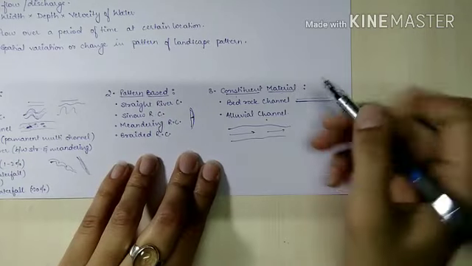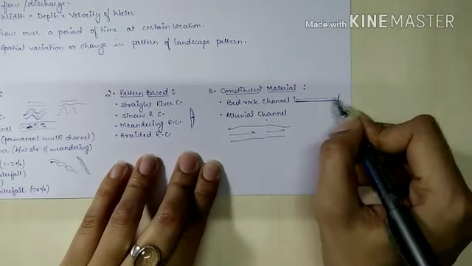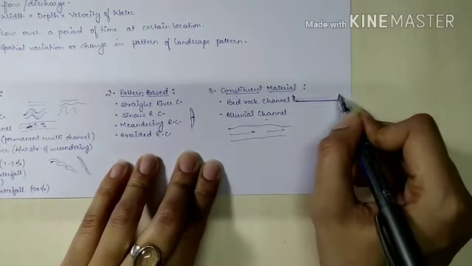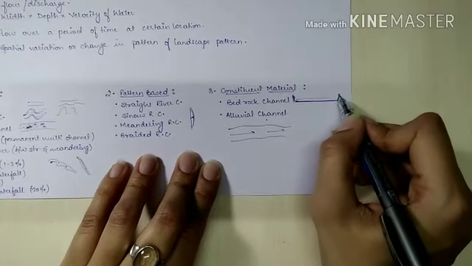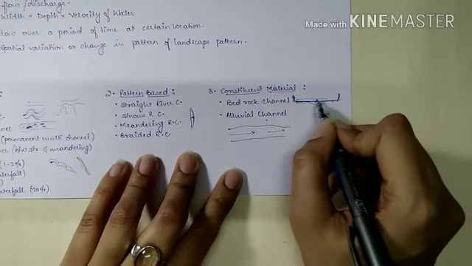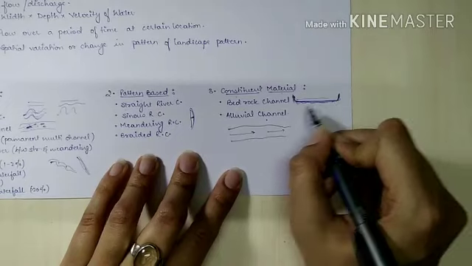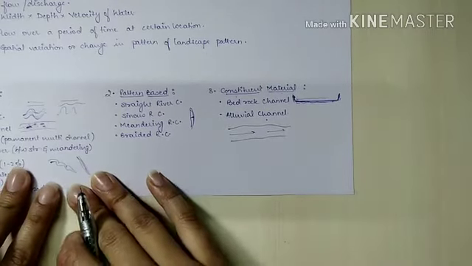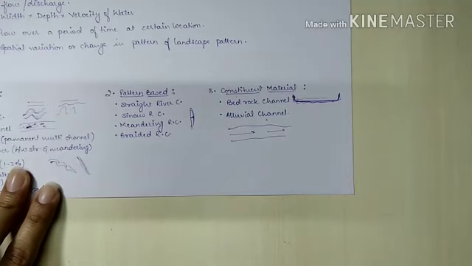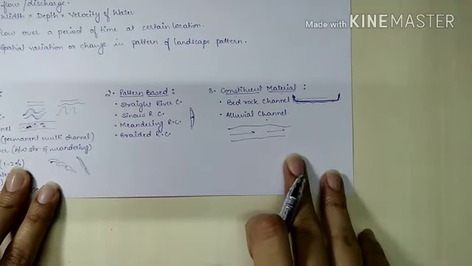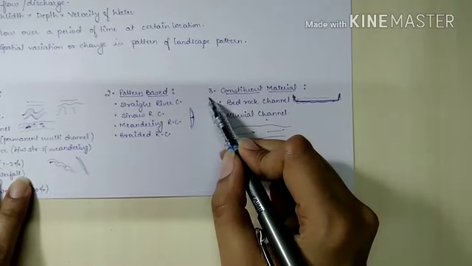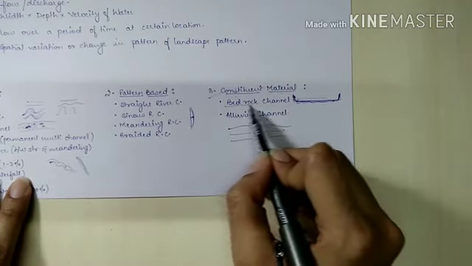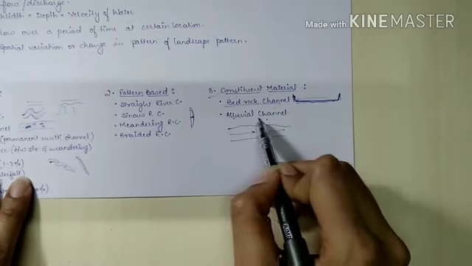So they will not change because they have a hard rock structure, because of which they will tend to dominate the channel morphology, and they are insensitive to any sort of disturbances, including upstream disturbances also. So this was according to constituent material. This was bedrock channel and alluvial channel.